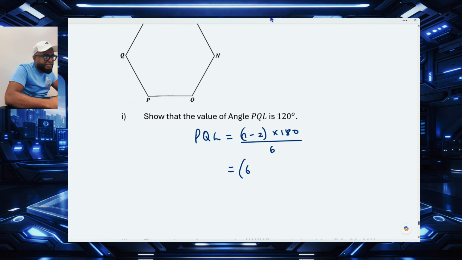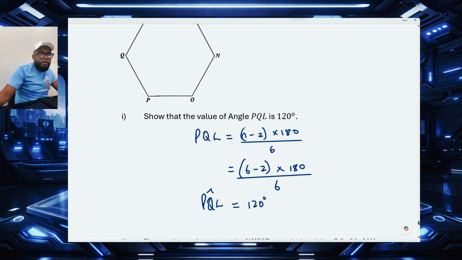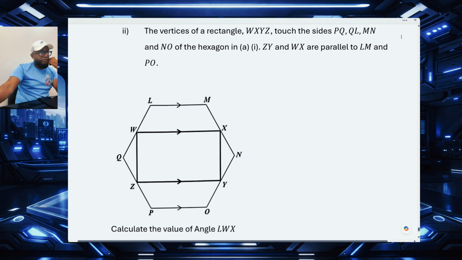So this will be 6 minus 2 multiplied by 180, all over 6. Somebody work that out, please. So my answer would be 120 degrees. Put a box to indicate that it was shown. Right, so there you go.